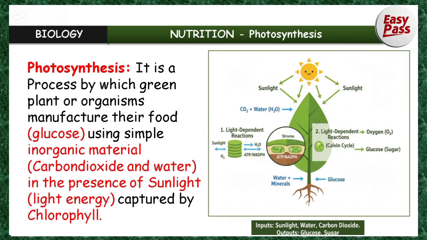So in a layman's way to define photosynthesis, it is better to understand those things that are actually very important, that will be graded in every exam. Number one, it is the process by which green plants or organisms manufacture their food using light energy and simple inorganic materials to produce glucose.